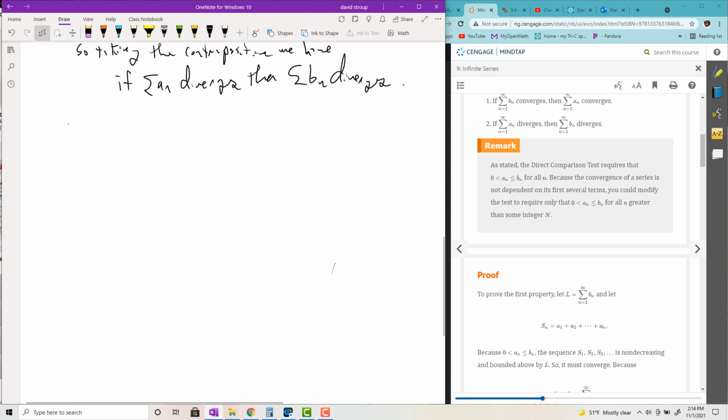Okay, so I'll just call this part A, the application of the theorem. It should always be in 3 steps. First, you're going to make a comparison of the terms of the series. Secondly, you're going to state the convergence or divergence of the series that you're comparing it to.